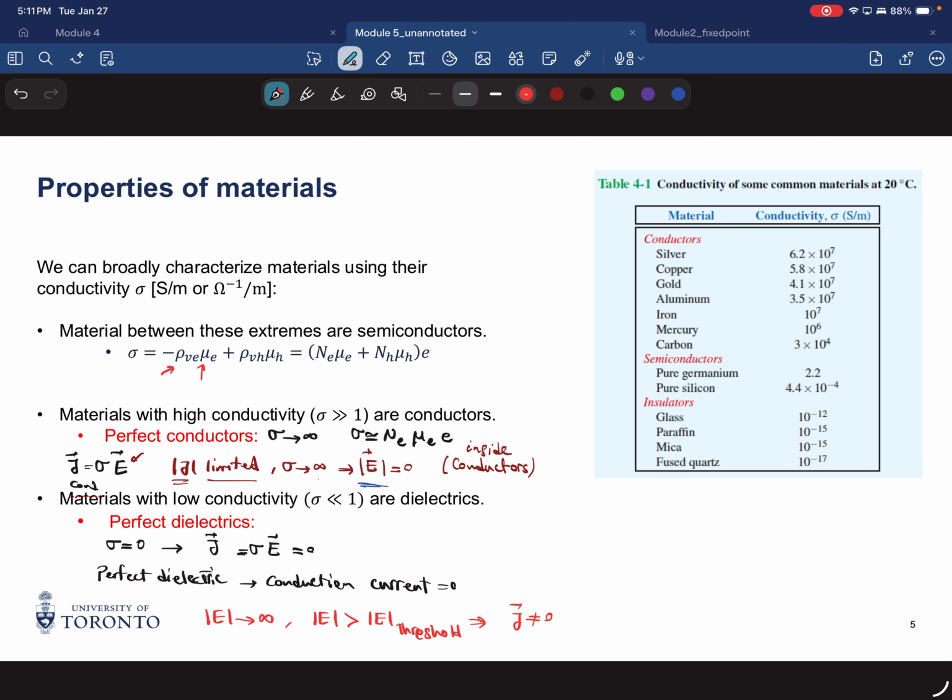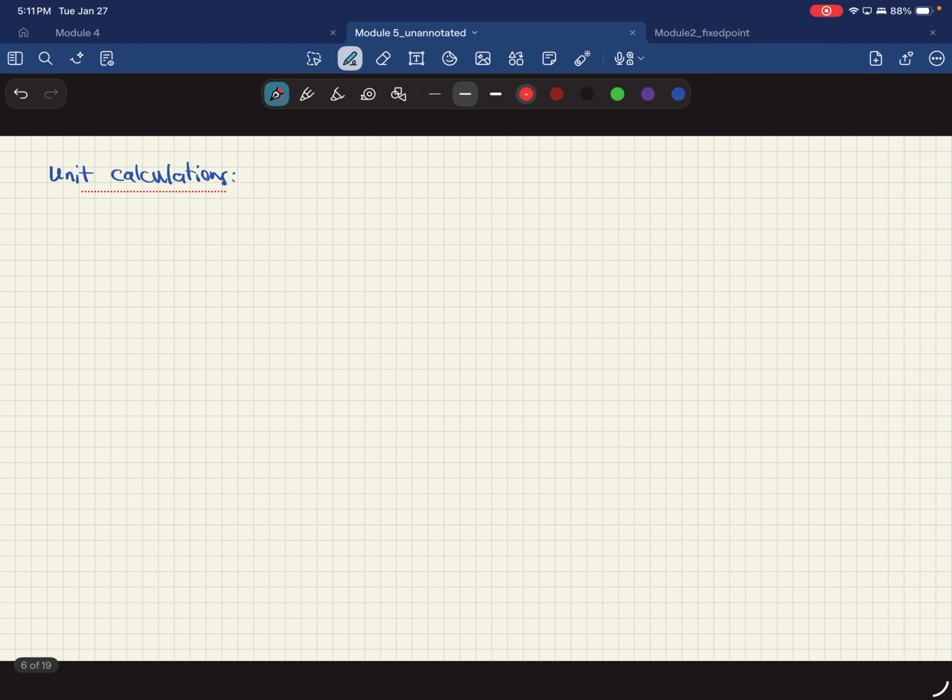Now, let's do a little practice. Here it says the unit of sigma is Siemens per meter, or 1/ohm per meter. Now, let's see if we can derive that. So here I'm going to do some unit calculations. The first thing we said is that sigma for a perfect conductor is minus rho VE mu E, correct?